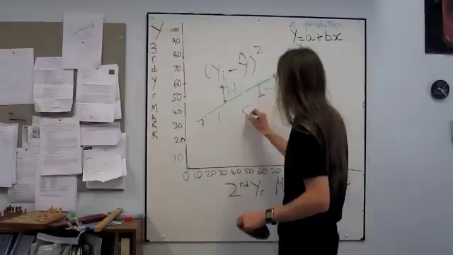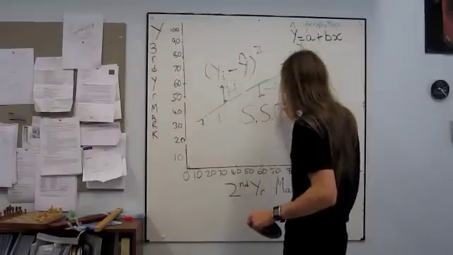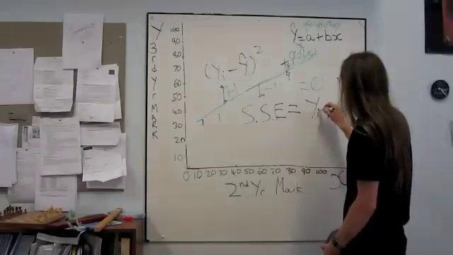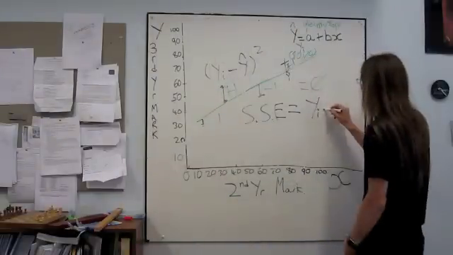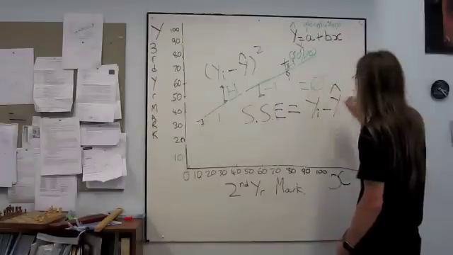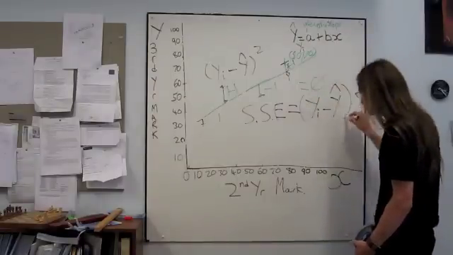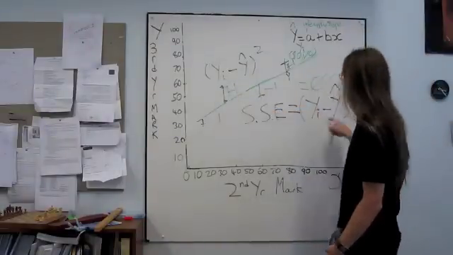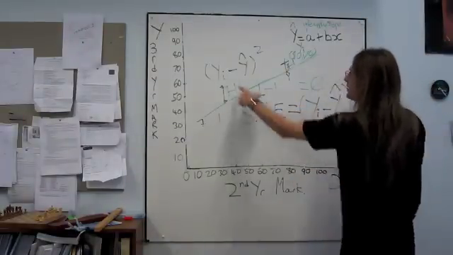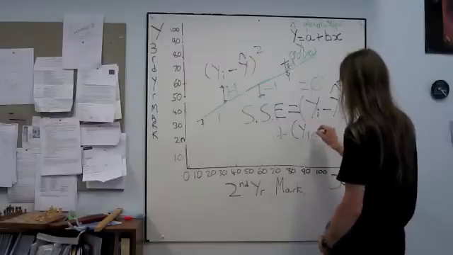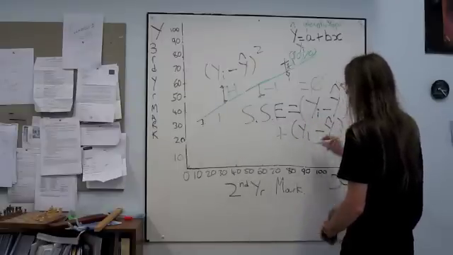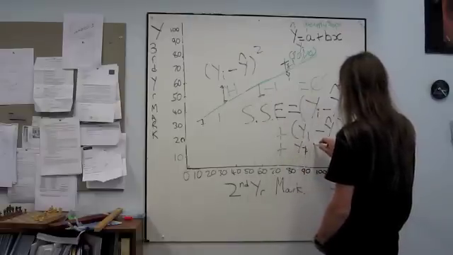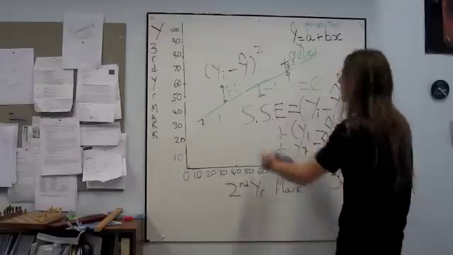The sum of the square of the errors is equal to our observed value of y minus our y from the model. And we're going to have one of these for each of our data points, so it's this plus another one for this one, plus another one for this one, and so on and so forth.